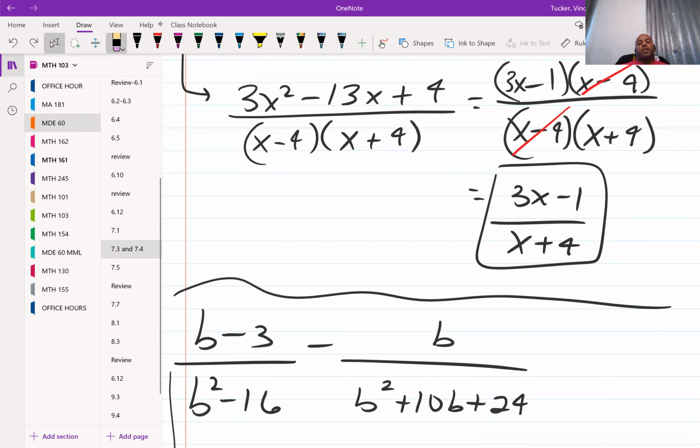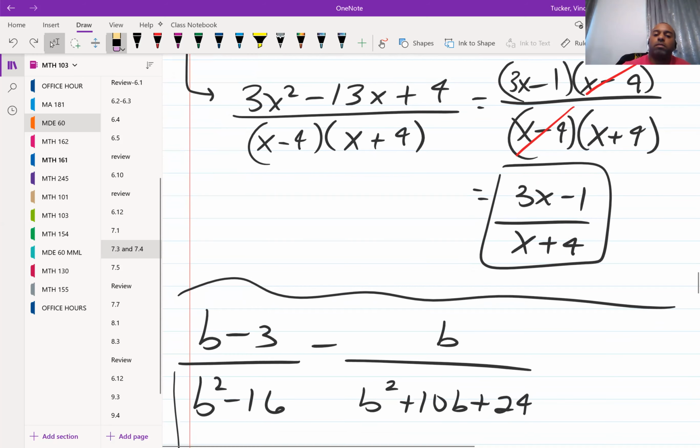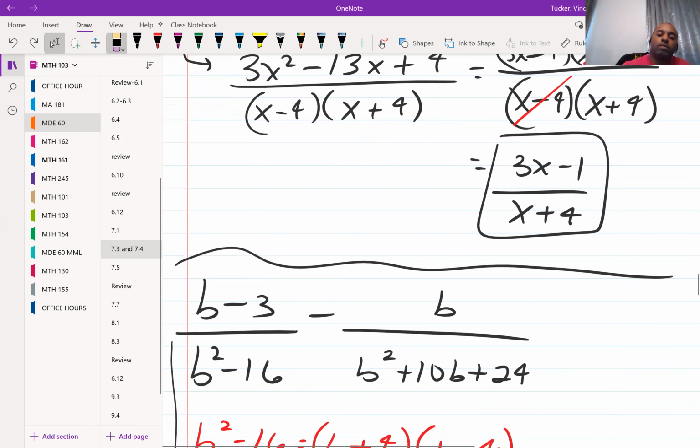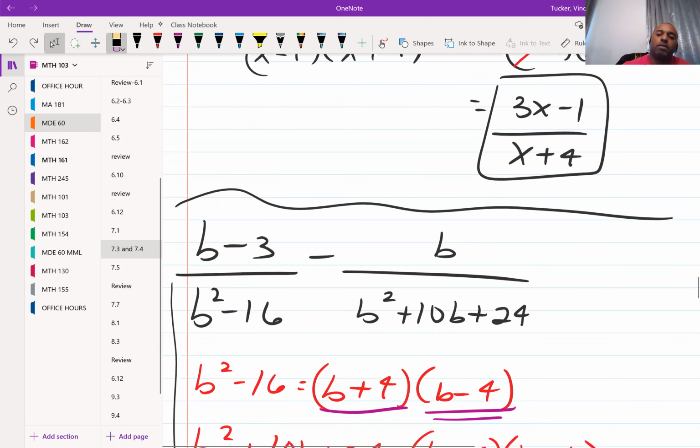So the next one is b minus 3 over b squared minus 16 minus b over b squared plus 10b plus 24. All right.